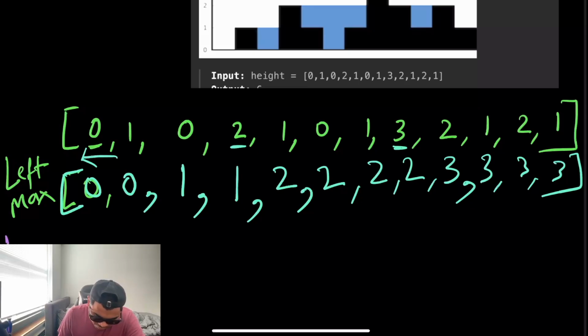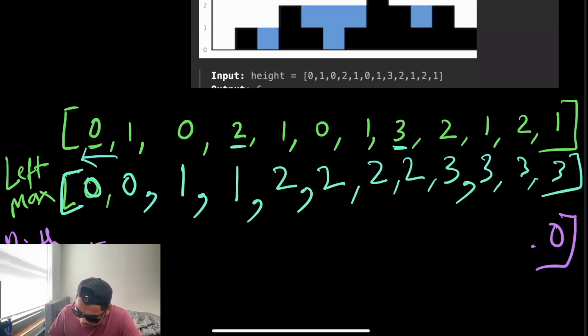Next, now calculate right max. In right max, we're going to start calculating from the end, right? So what is the right max that I've seen so far? For this one, it's going to be 0 because that's what I've seen. Now for the second last element, I can say 1, then 2, then 2, then 2.